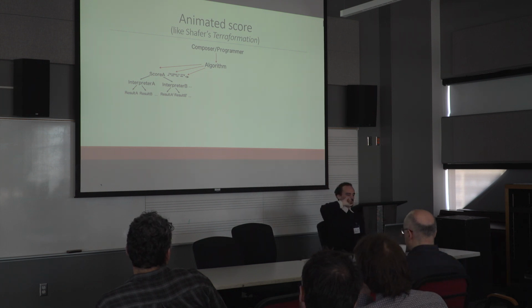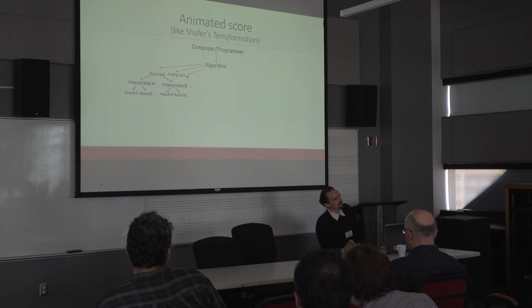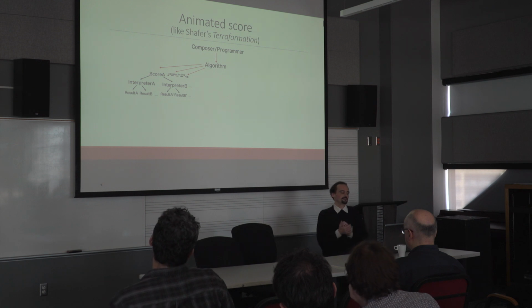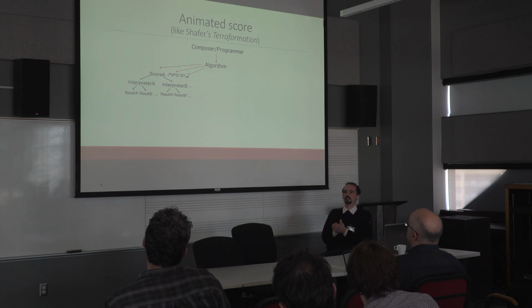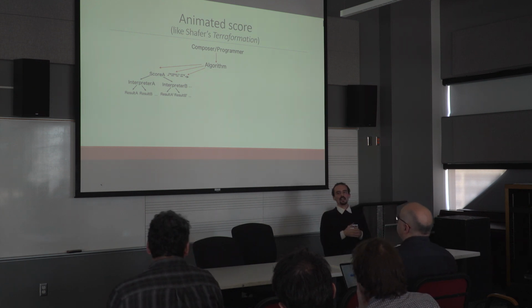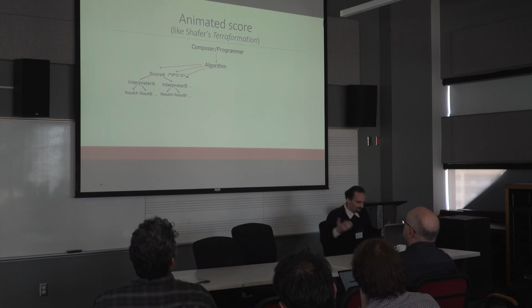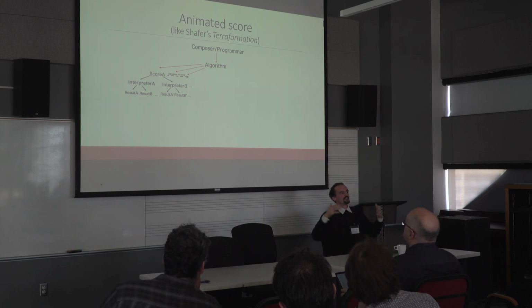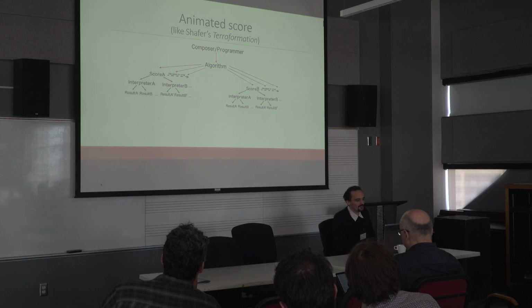In the case of Schaeffer's terraformation, you can foresee the results because it's very specific, but anyway, there is a certain level of freedom. Then the same algorithm could output score B, a different score.